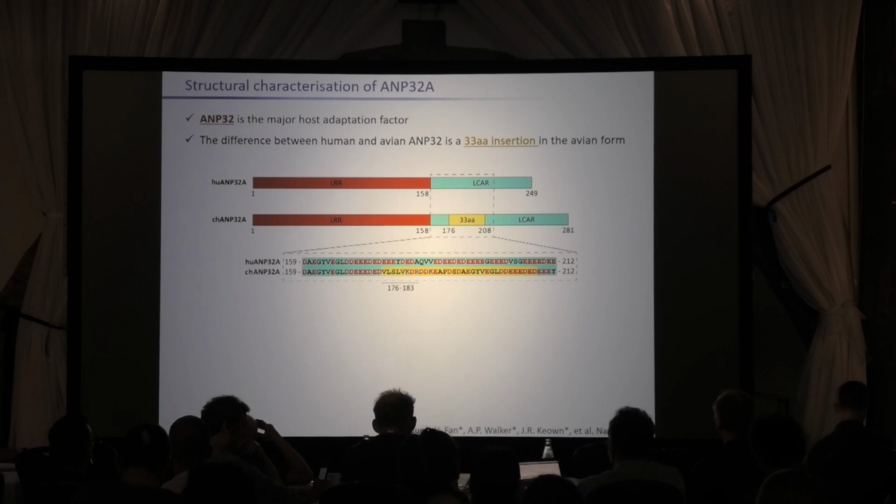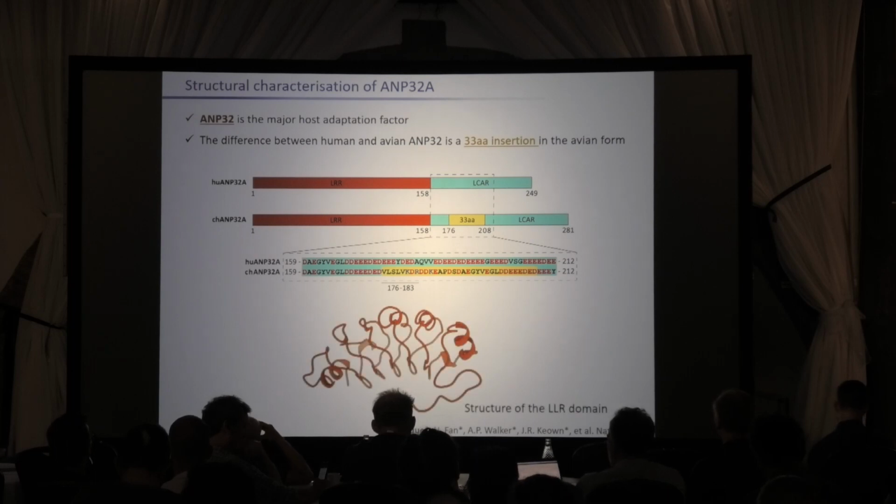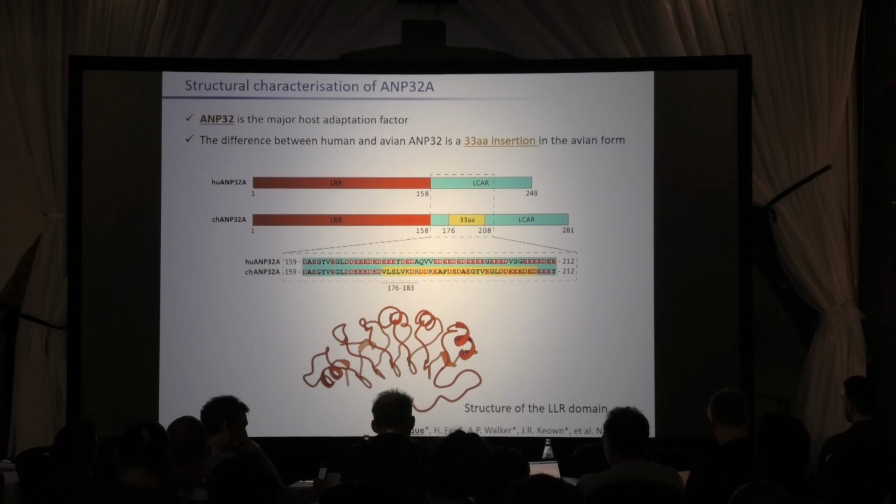It has an LLR domain, and then from about 158 onwards, you've got this LCAR region, which is low complexity, highly acidic. So this is predicted to be completely disordered.